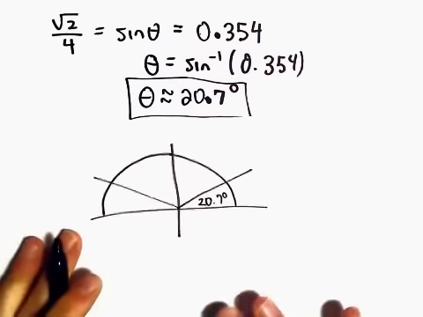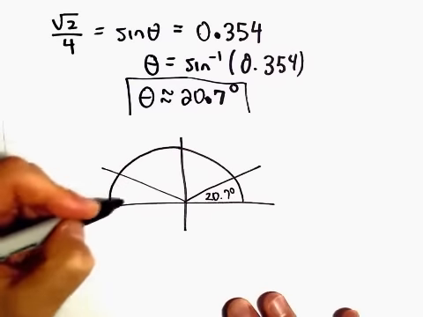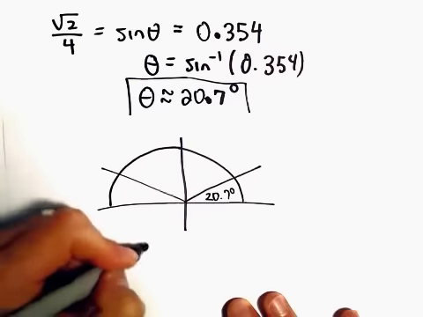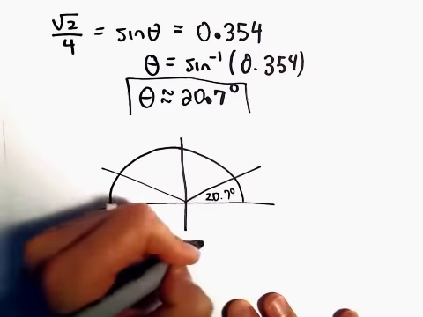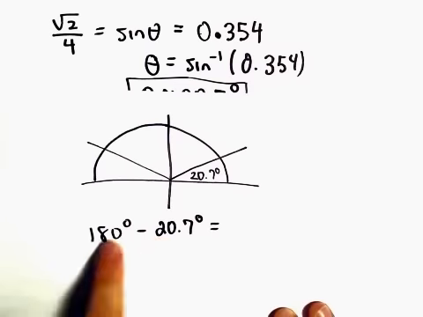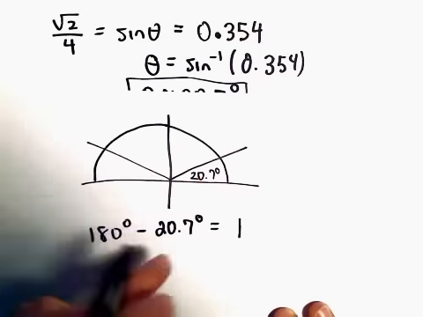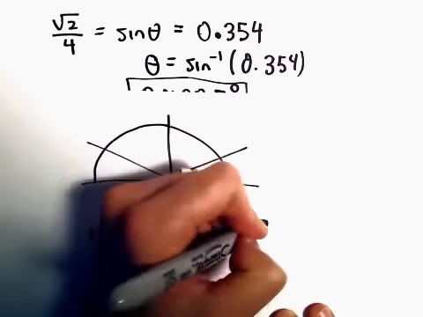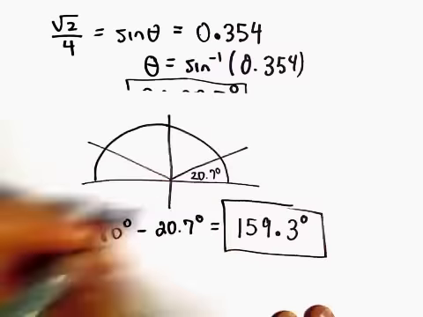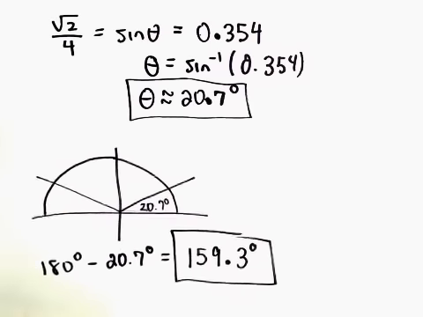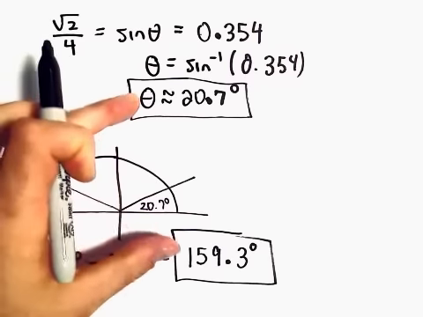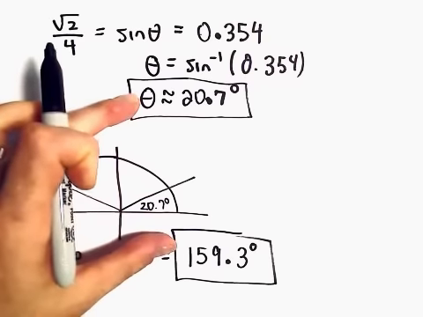There would be another solution in the second quadrant, and to get that one, we'll just take 180 degrees and subtract away 20.7 degrees. So if we subtract 20, that would give us 160. If we subtract another 0.7, that should leave us with 159.3 degrees. So those would be approximately our two possible angles, 20.7 degrees and then 159.3 degrees.